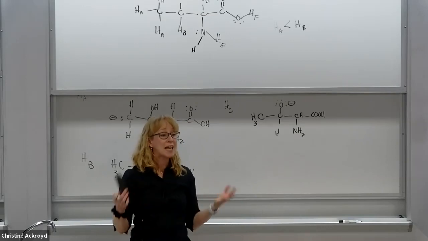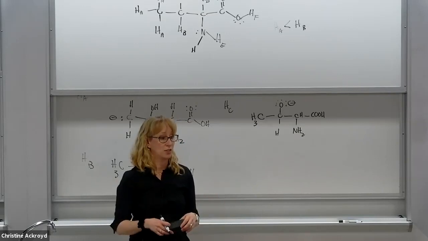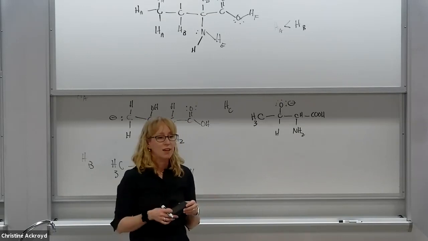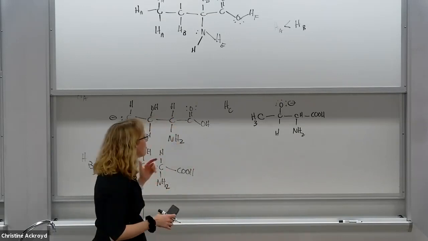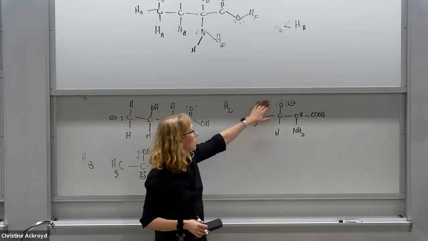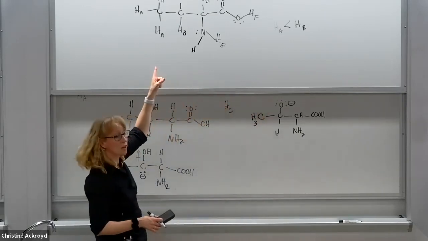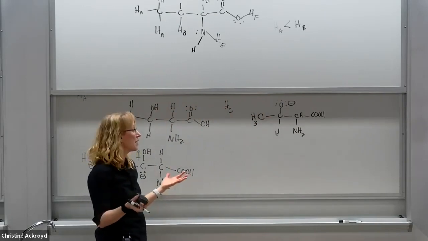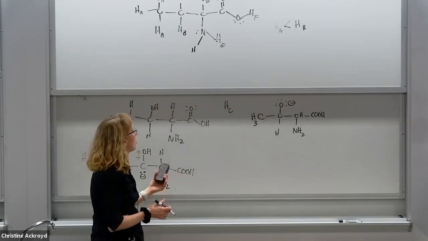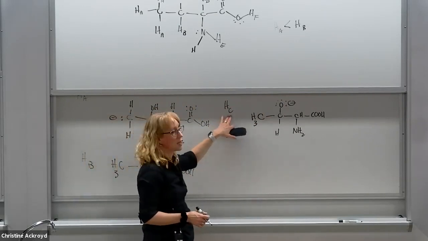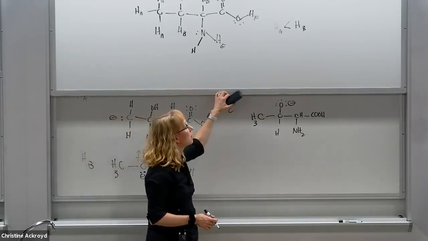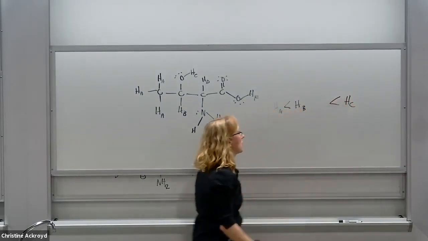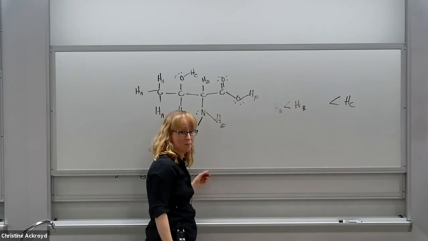Does oxygen like a negative charge? Is it going to stabilize or destabilize the molecule if we have a negative charge on the oxygen compared to the proton on the oxygen? It's going to destabilize it, right? But it's not going to destabilize it hugely. Okay, so what do we know about proton C? More stable than proton B, right?